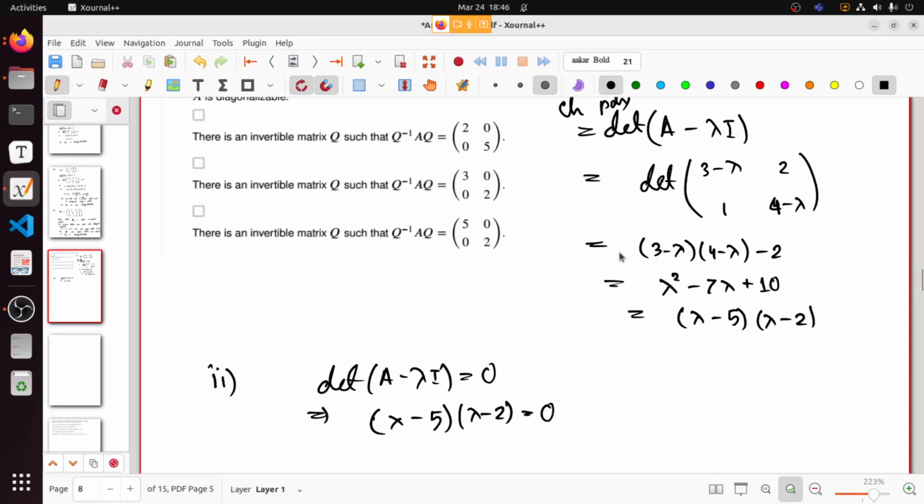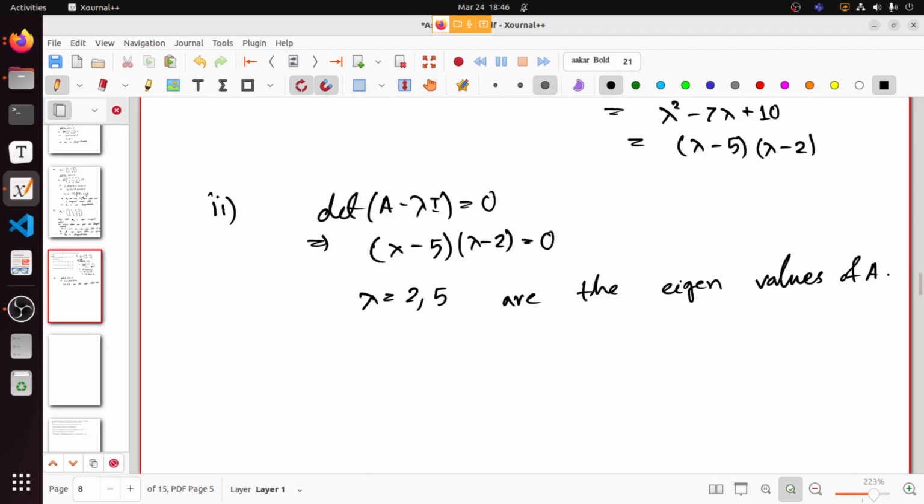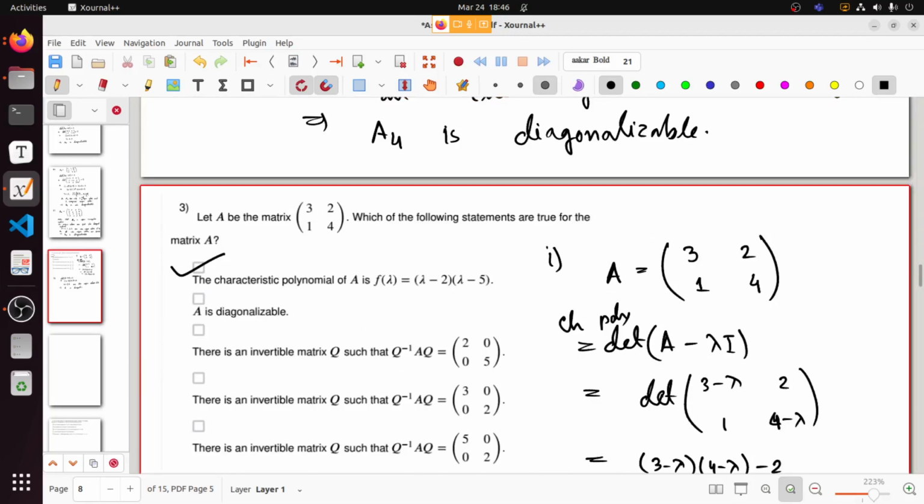So the roots of the characteristic polynomial, lambda equal to 2 and 5, are the eigenvalues of A, which are distinct, which implies A is diagonalizable. Right, because the eigenvalues are distinct, option number 2 is correct.